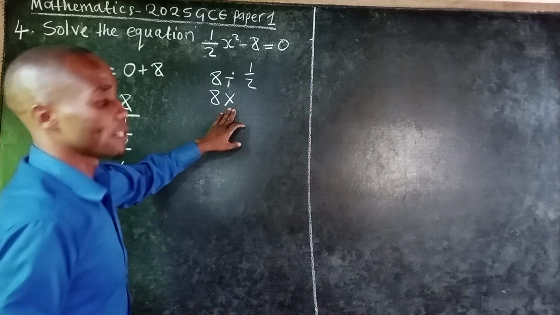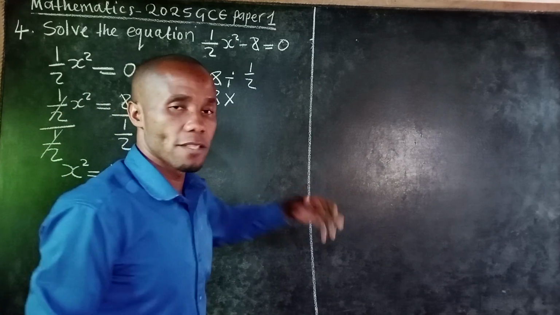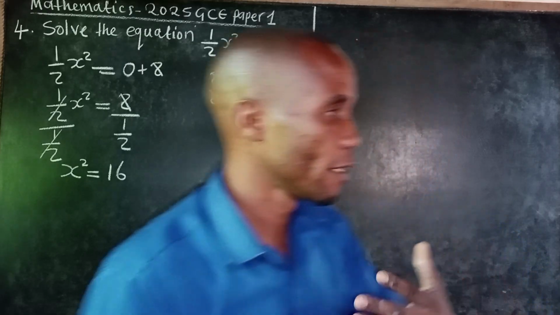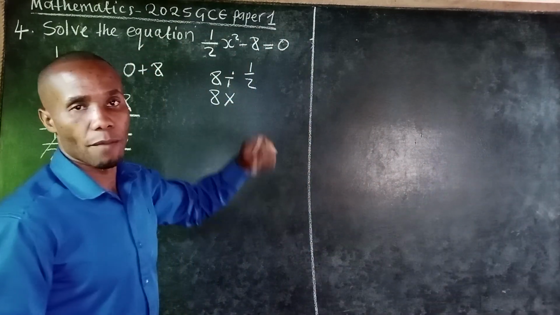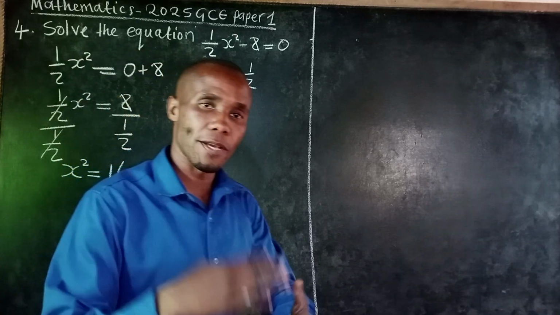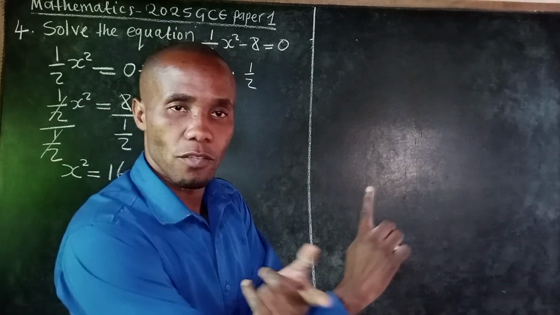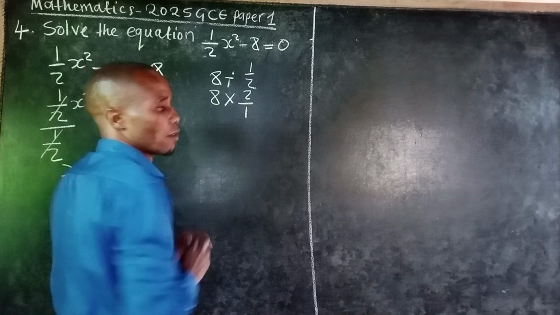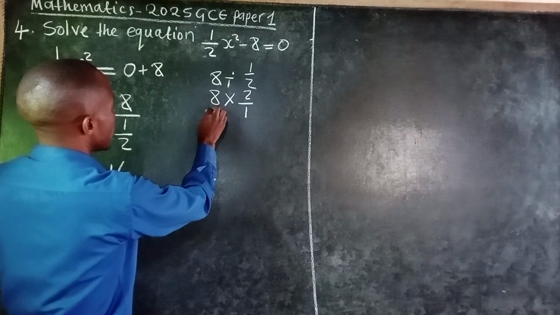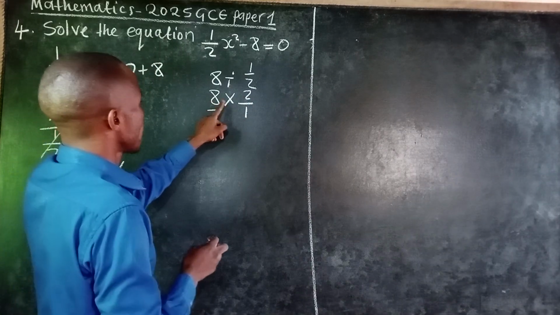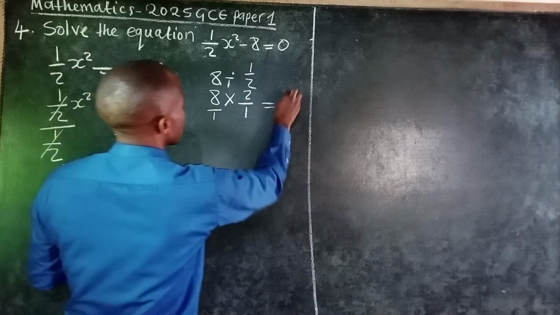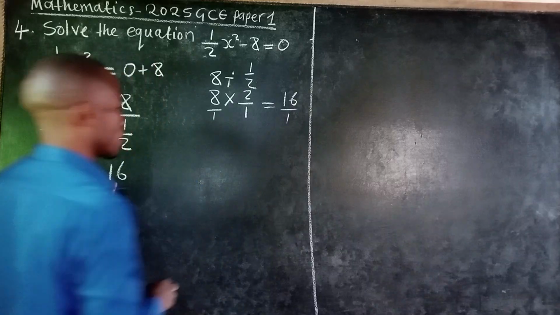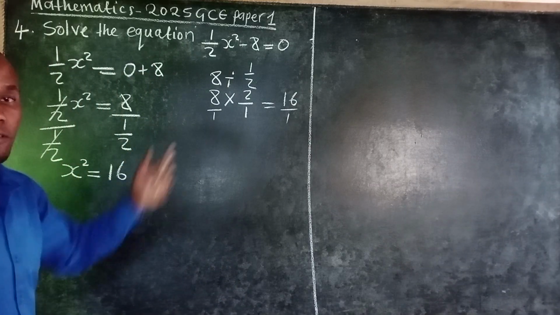And the moment it changes, it means the next fraction will reciprocate. Simply means the numerator will become the denominator and the denominator becomes the numerator. You just swap. That is reciprocate. So 2 will be on top, then over 1. Okay. So now from there, we can say even here over 1. Then you say 8 times 2, the answer will be 16. Then 1 times 1 is 1. So 16 over 1 is 16. So that is how we have found the 16.